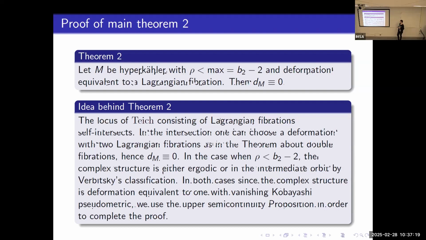Okay, so the idea behind theorem 2 was to use double Lagrangian fibrations where they intersect, and this proposition that because of upper semi-continuity of the diameter, once you can deform something to a vanishing Kobayashi pseudodistance, the initial one was also vanishing.